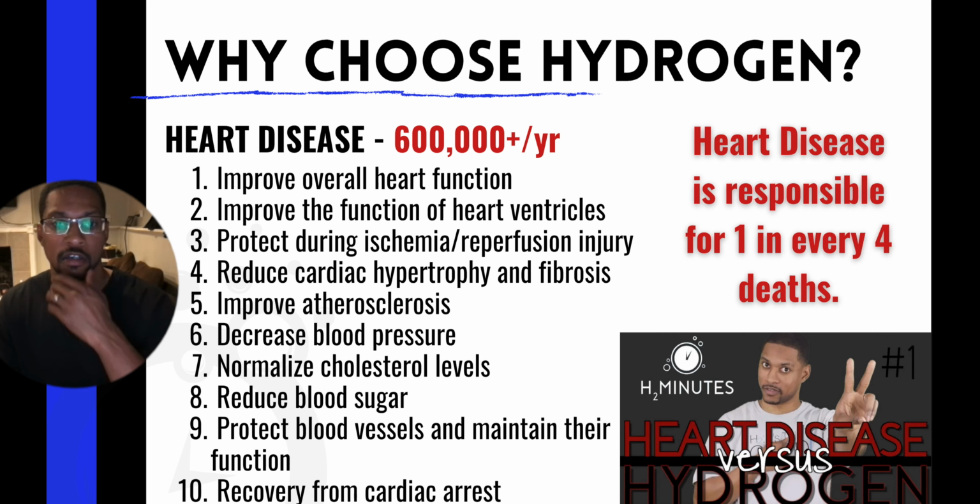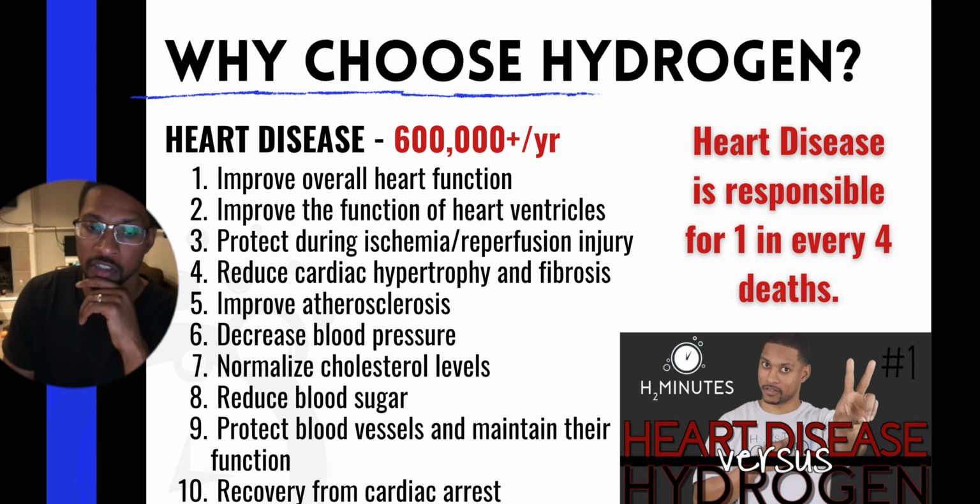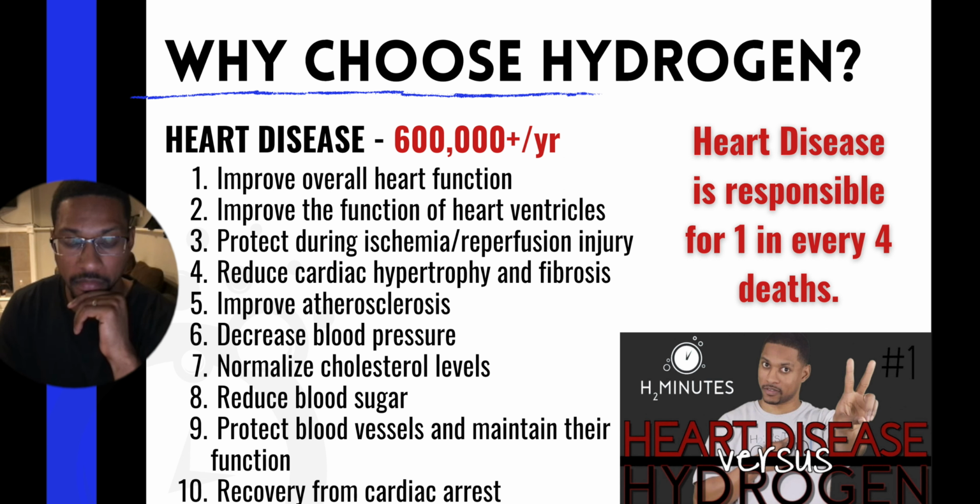Okay, so heart disease kills more than 600,000 people per year in the United States, and is responsible for 1 in every 4 deaths, which, like I said, is a lot.